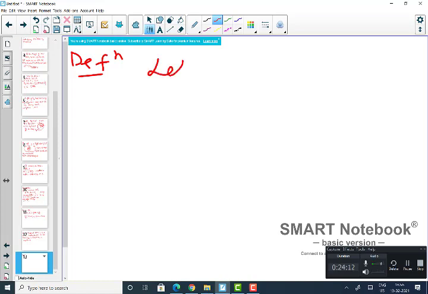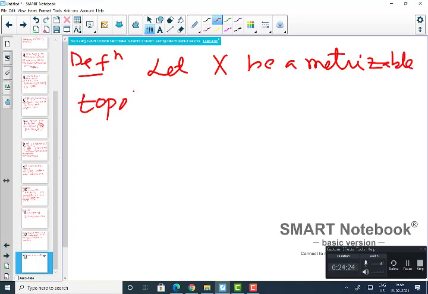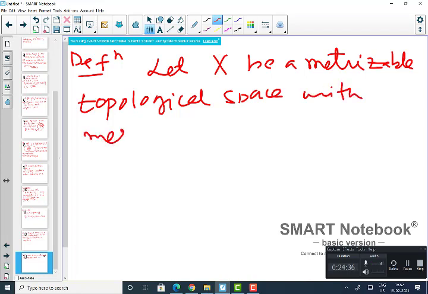So you start with that. Let X be a metrizable topological space, that means it has a metric, okay, with metric d given.